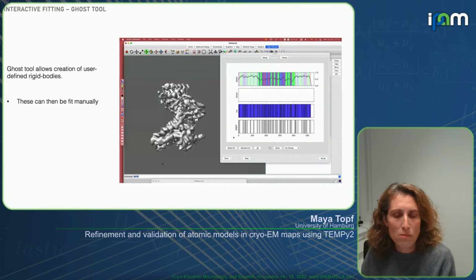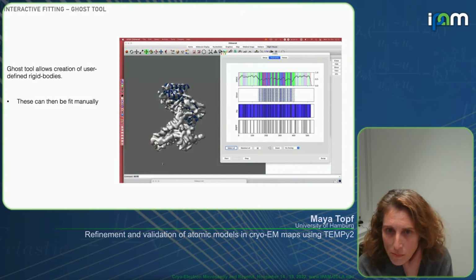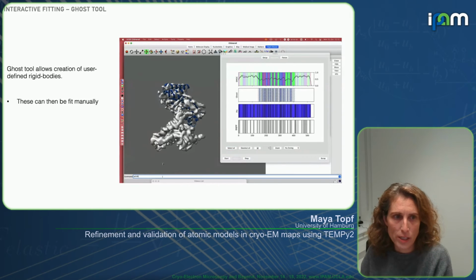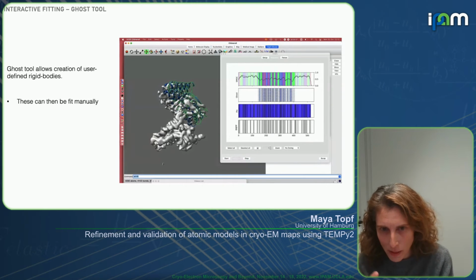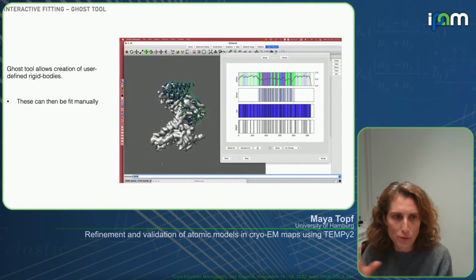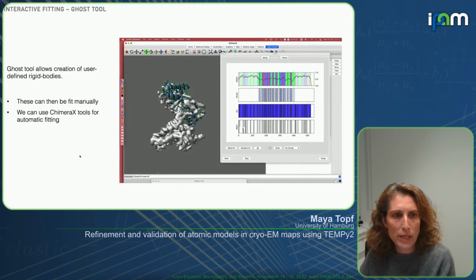And then we can use a tool called the Ghost tool, where we select this region and create another copy, and we can move it, and you can use those ChimeraX features to either fit it manually, or we can use ChimeraX tools for automated fitting.